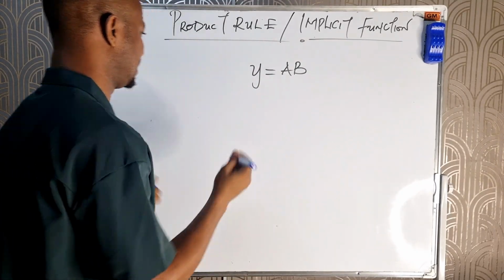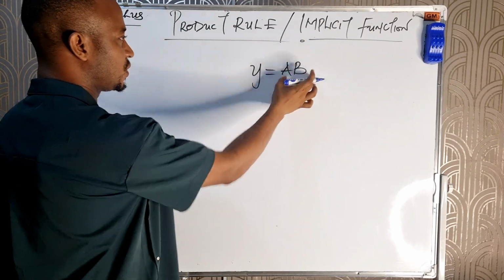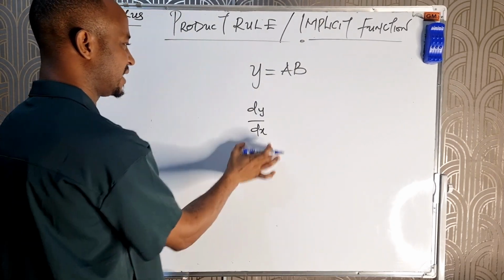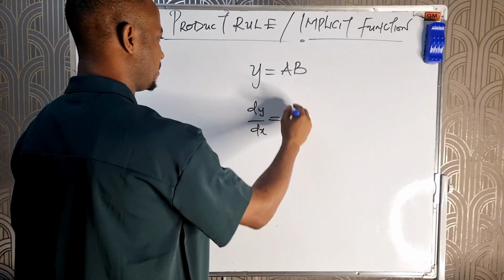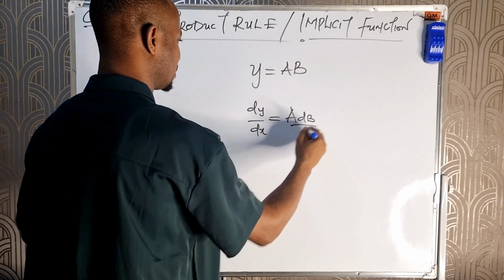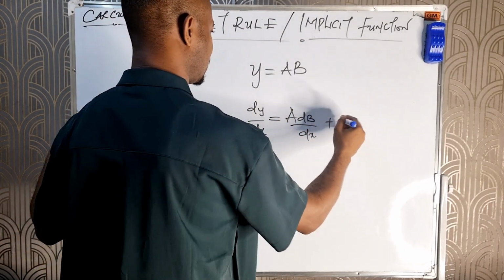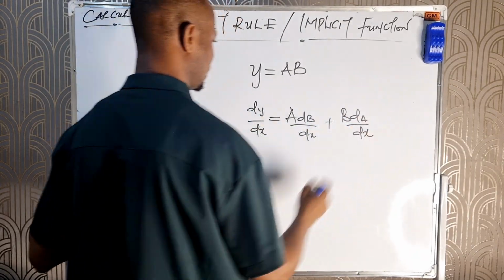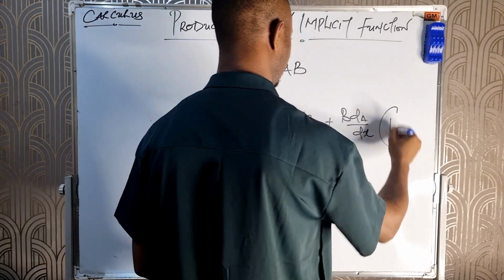And the rule says that if we are given y equals AB, then dy/dx, which is called the derivative, equals A dB/dx plus B dA/dx. This is the product rule of differentiation.